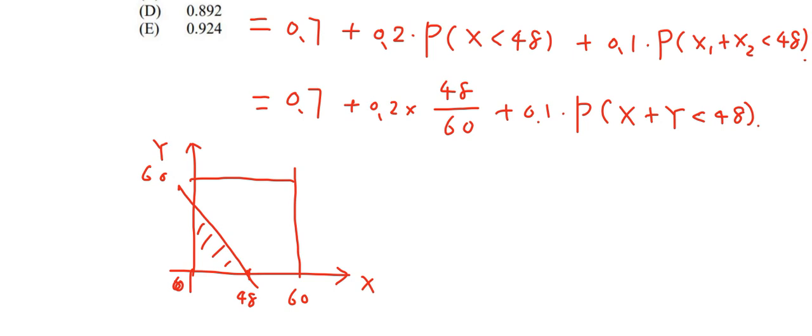So the total area is 60 times 60. Okay, so what is the area of this triangle? It equals half of 40A squared, right? So then after some calculation, we can find the answer.